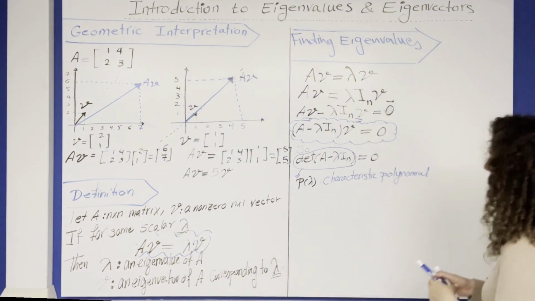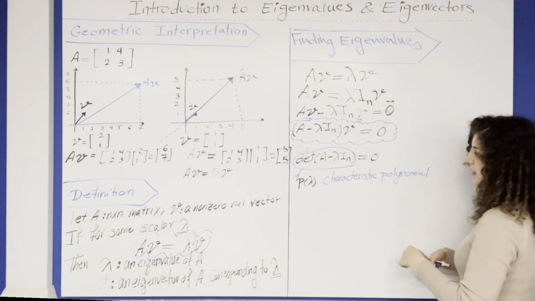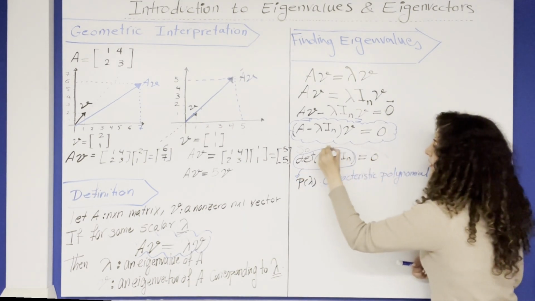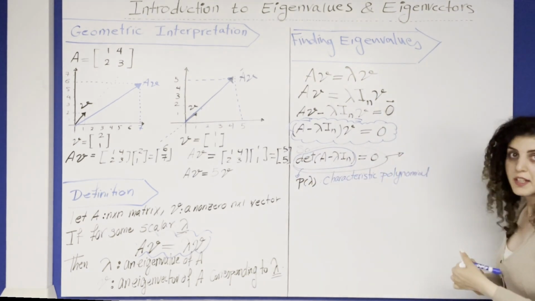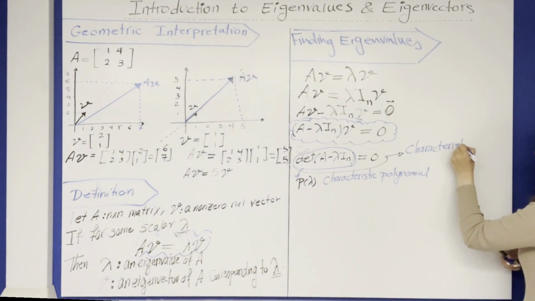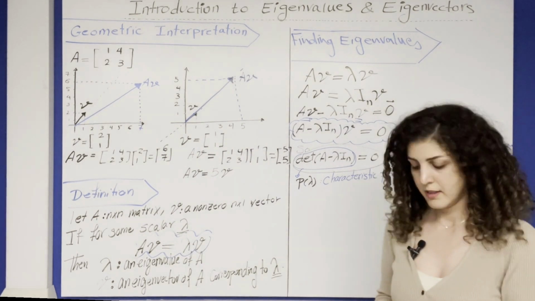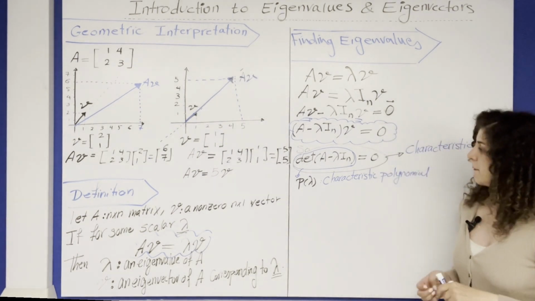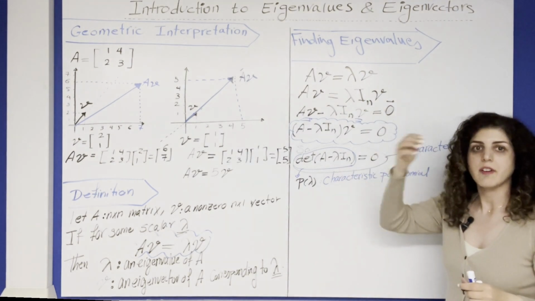And if I consider the whole equation, the characteristic polynomial equal to 0, this whole thing here is called the characteristic equation. All right, so again, the goal is to find lambda and eventually find v.